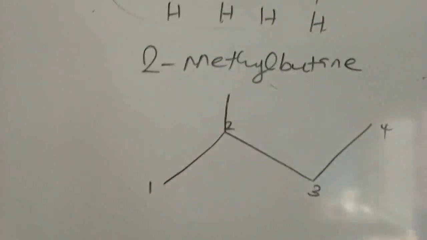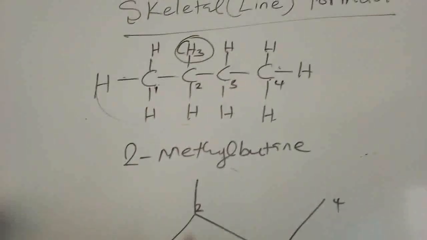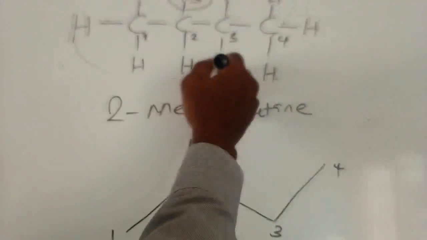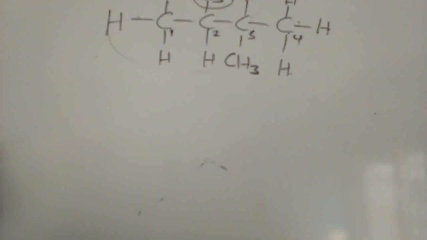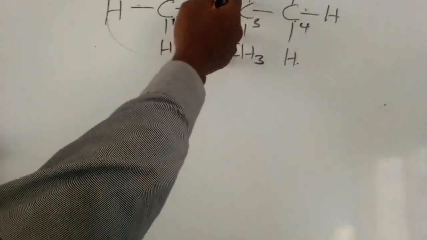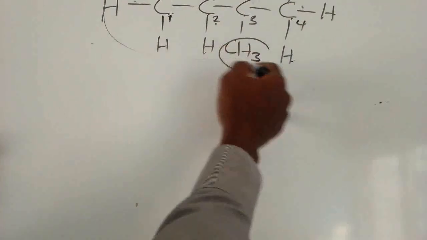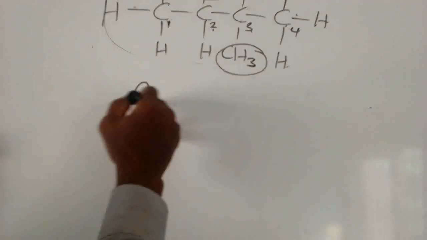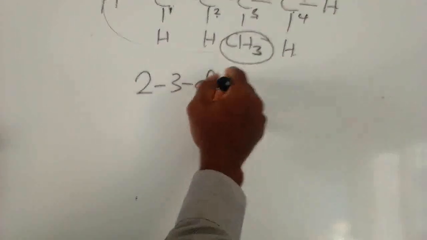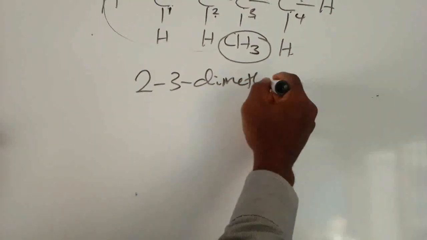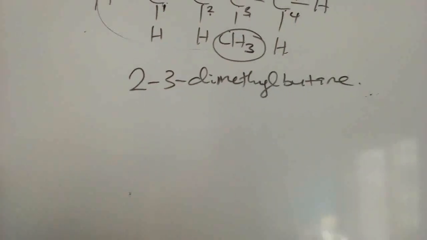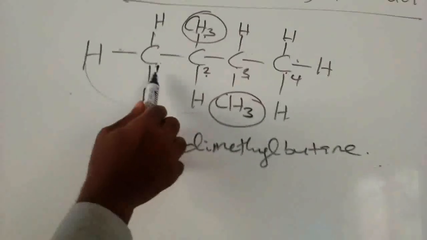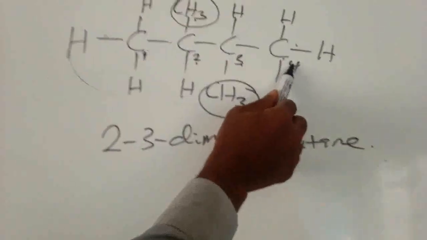Okay, now let us change the compound. Assuming that we have another CH3 here. Now what do we call this compound in chemistry? This is a methyl group on number 2, and another methyl group on number 3. This compound is called 2,3-dimethyl butane. So how would I draw the line formula? The parent chain is 4, that's the longest.